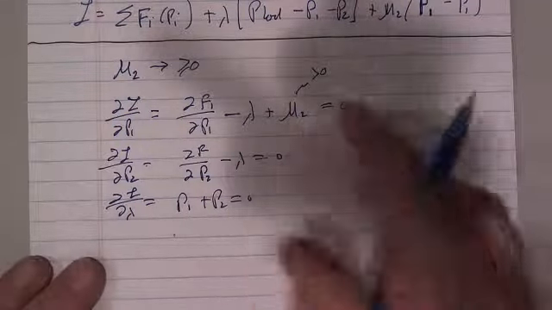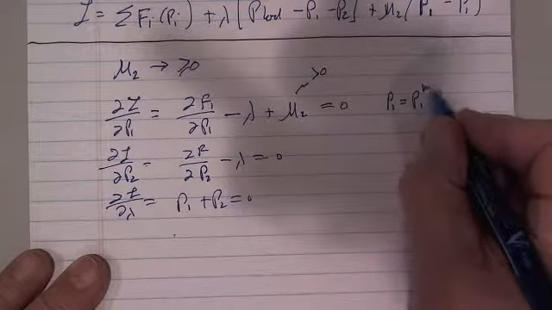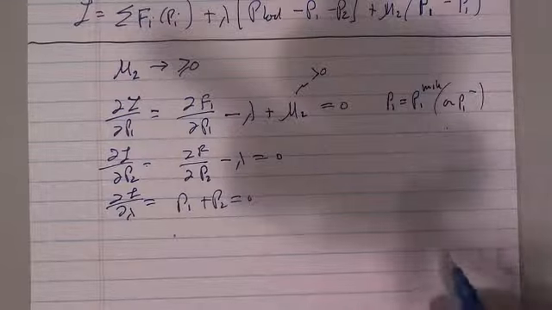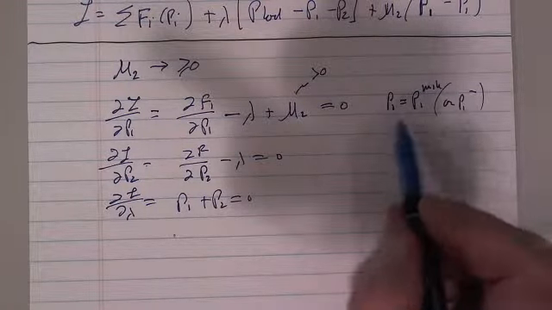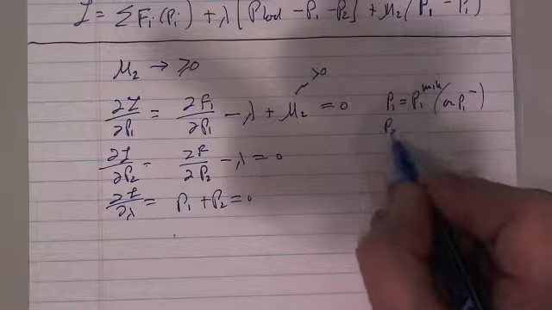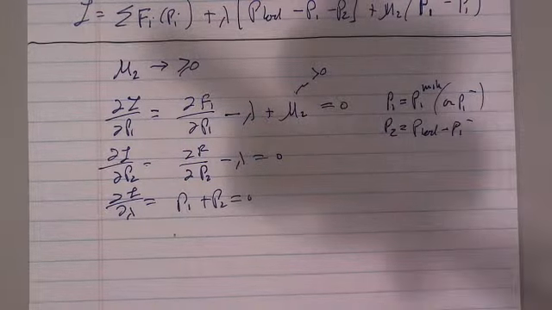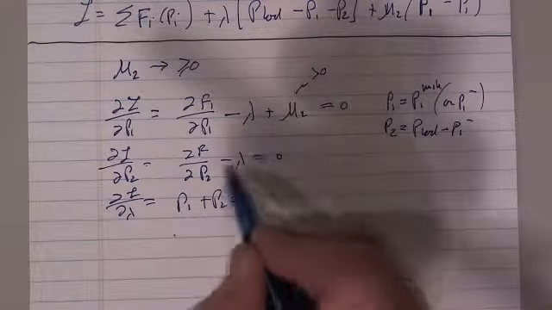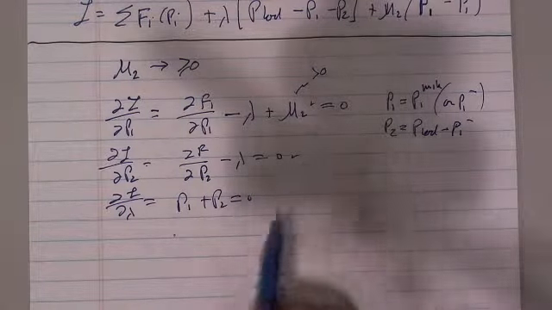But if you force P1 equal to P1 min, then you automatically know the value of P2 is equal to P load minus P1 min. And so now I have the P solutions, and now I can back out the values of lambda. I can get that from this equation, then I can get the value of mu.